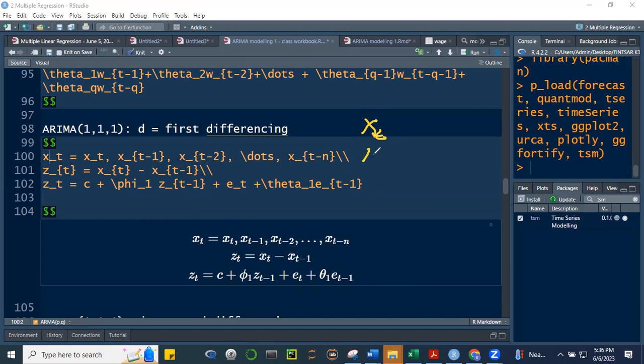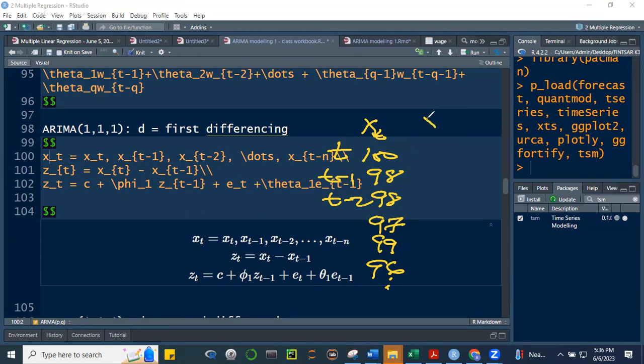Ang value siya, let's say 100, 98, 98, 97, 99, 96, etc. No? Suppose this is our time series and this is your time t minus 1, time t minus 2. So ito yung pinaka-latest na value.